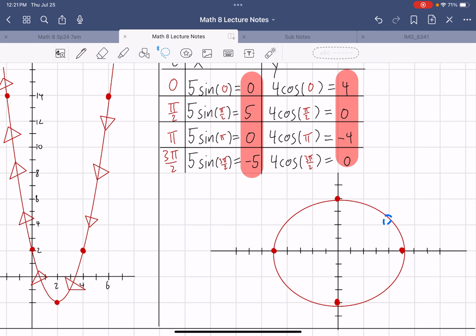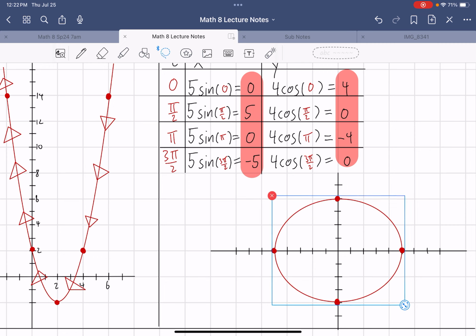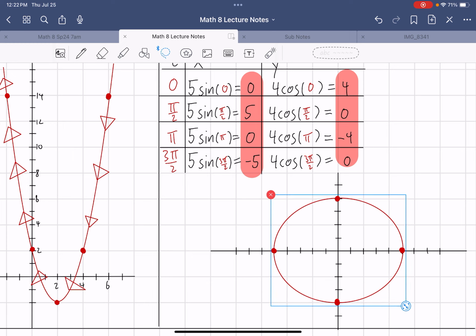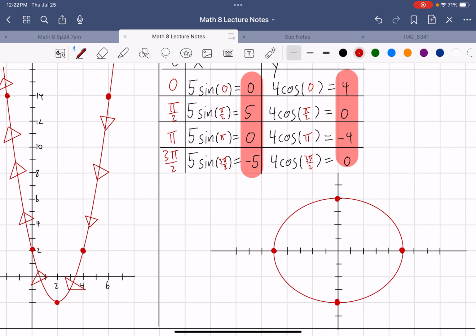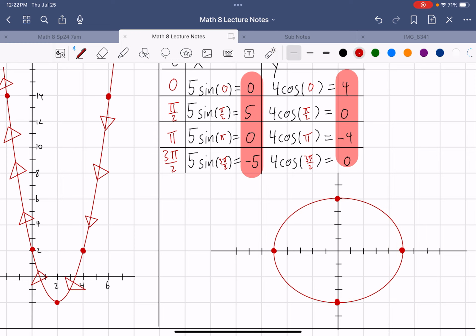And hopefully you remember an oval shape like this is called an ellipse. It's just a little bit longer on the sides. If it wasn't, we would have had a perfect circle.